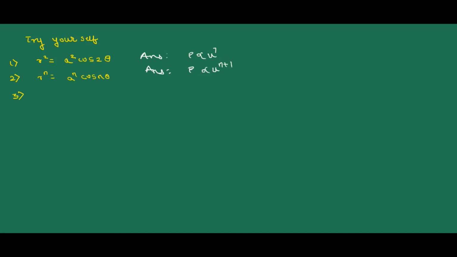Third example, r is equal to a into e raised to theta cot alpha. Remember, cot alpha is constant. So the answer is p is proportional to u raised to 3. I request all the students to try these examples.